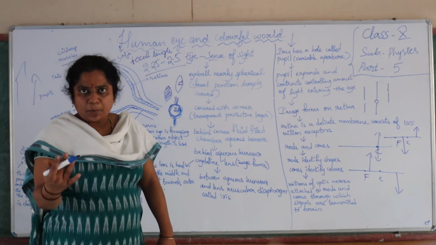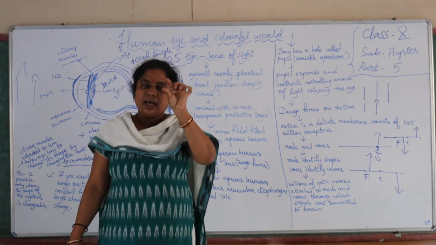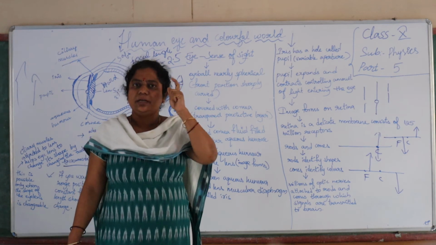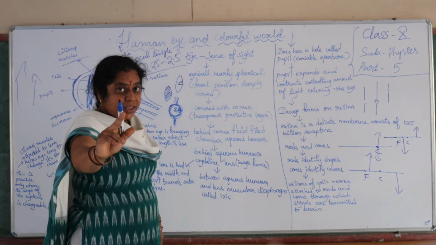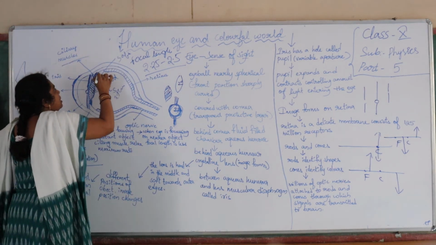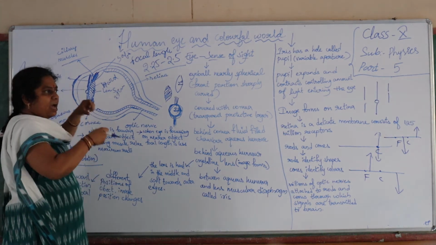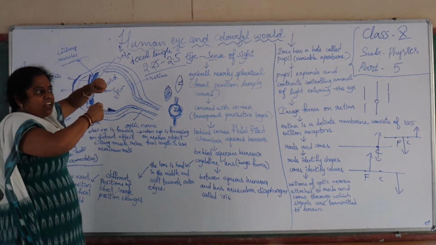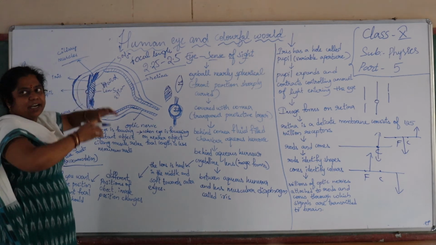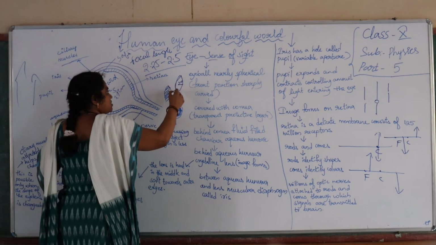Let me tell you about accommodation again, children. Listen carefully. In our eye we have the lens, which is the main working part of the eye. Along with the lens we have ciliary muscles, which have the ability of stretching and contracting. When they stretch, the shape of the lens will be this.